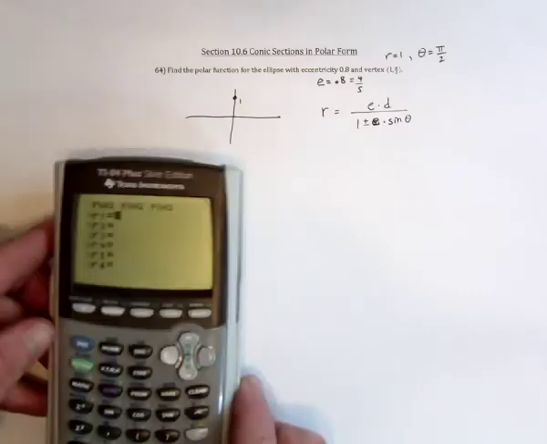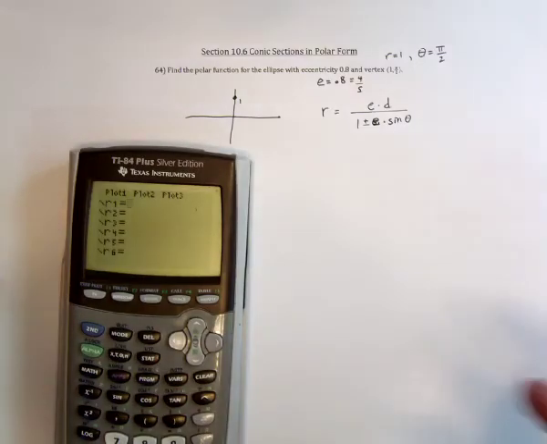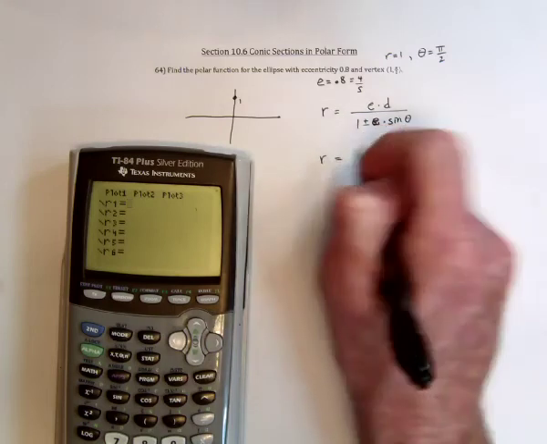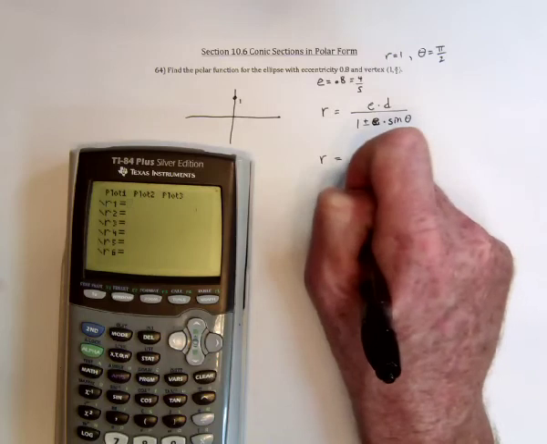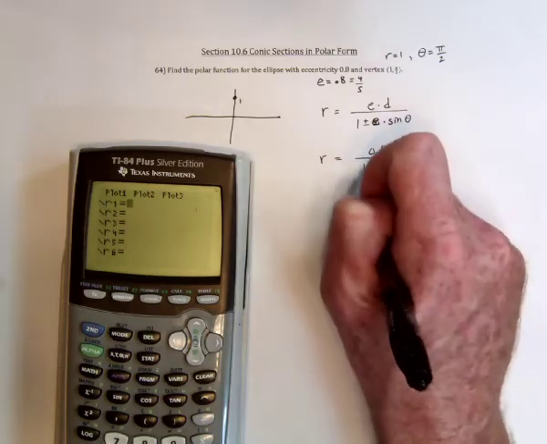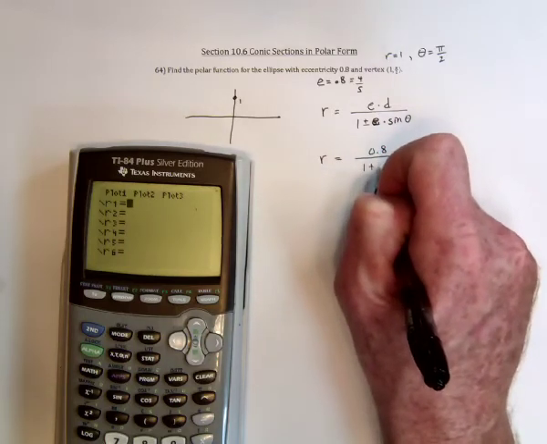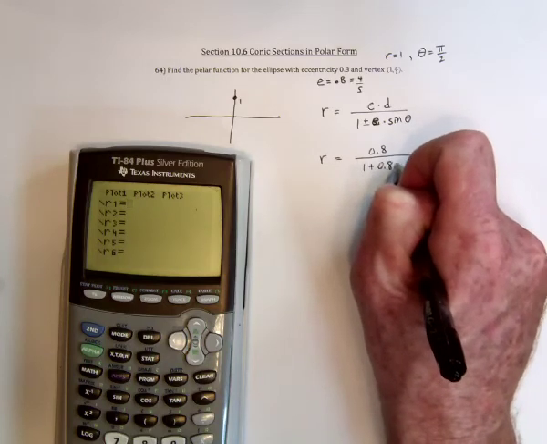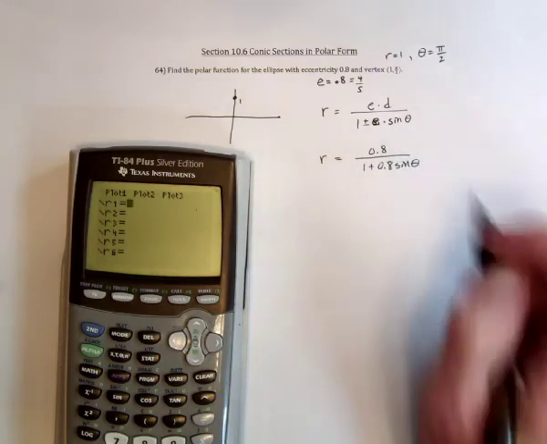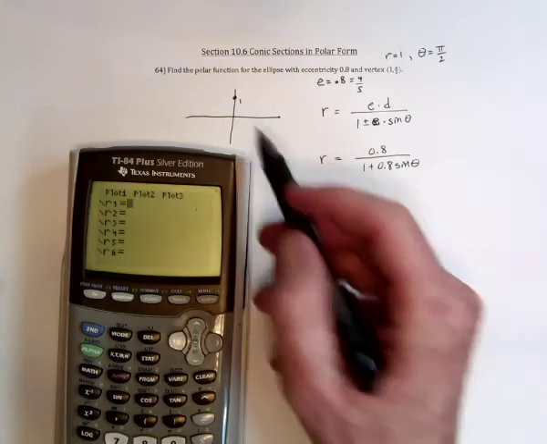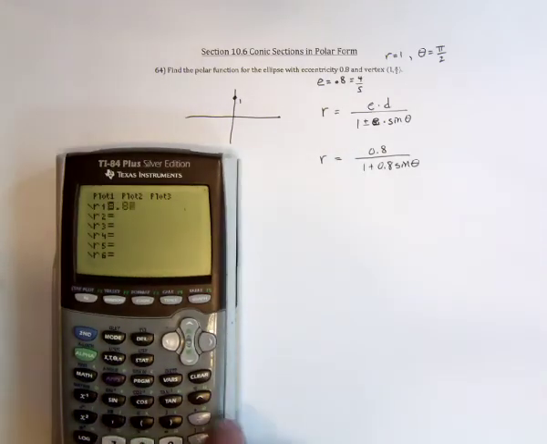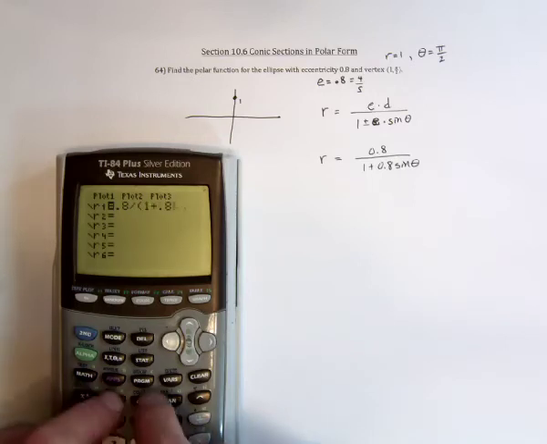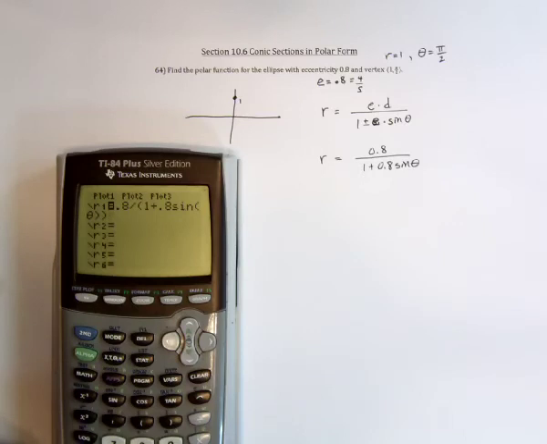So, in polar form, I'm going to start with e as 0.8 or 4/5, and I'll try 1 plus e sine of theta, and then see if that goes through that point. So 0.8 divided by 1 plus 0.8 sine of theta, lots of parentheses.